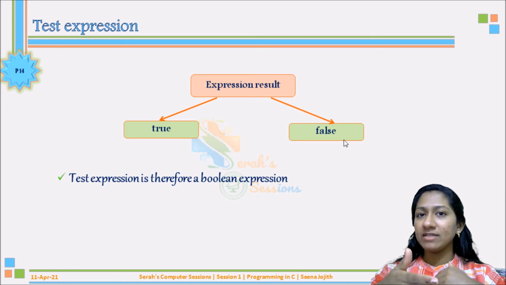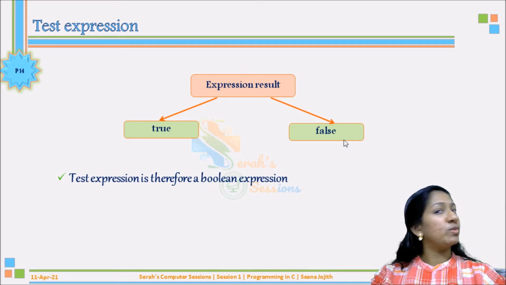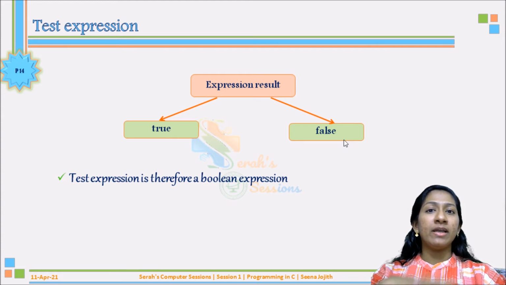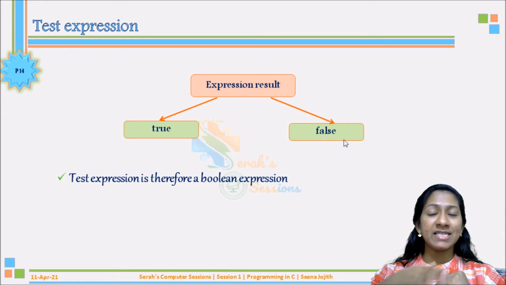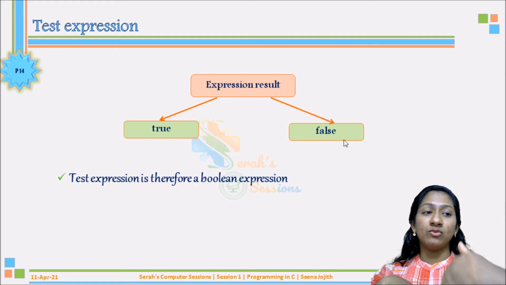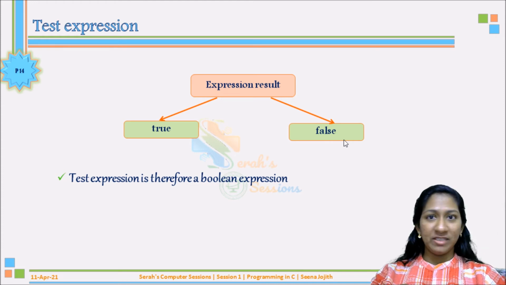Either a true state or a false state. The same happens when we use expressions within control statements to check conditions. I hope that you understood what a test expression is and how the compiler evaluates the test expression and decides what step to take next after the condition is checked.